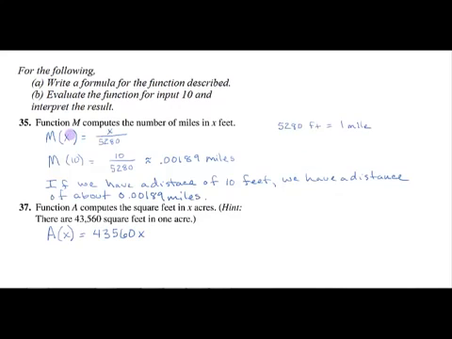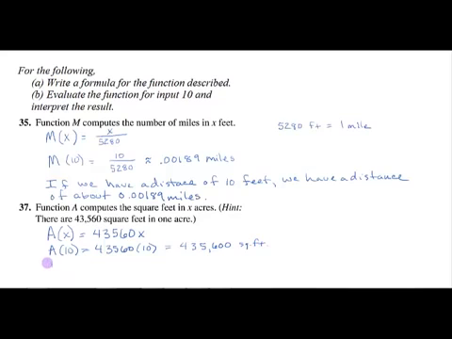So let's go ahead and evaluate this for 10. So A of 10 equals 43,560 times 10. So we get 435,600. And of course, we know that that is in square feet. So what does that mean?